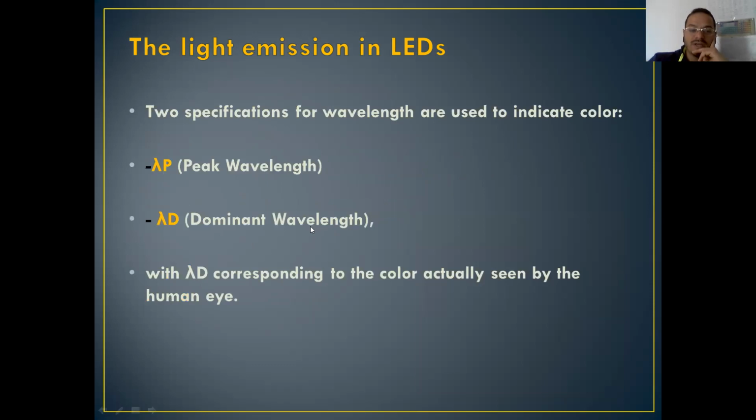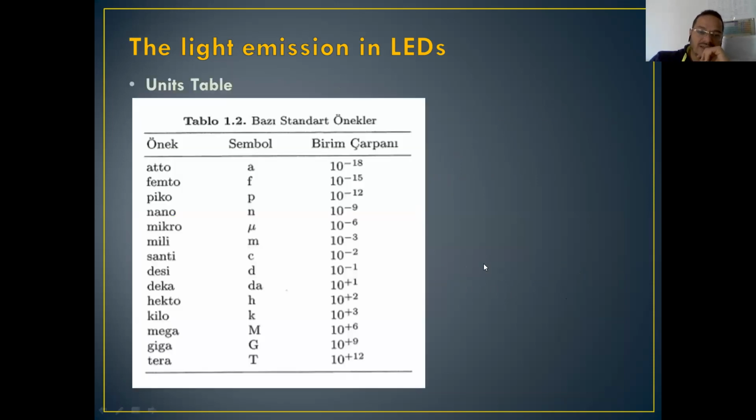Like I said before, here we have two types of wavelength, the peak wavelength and the dominant wavelength. The dominant wavelength corresponds to the color actually seen by the human eye. This column is very important to us because we will try to solve two examples.